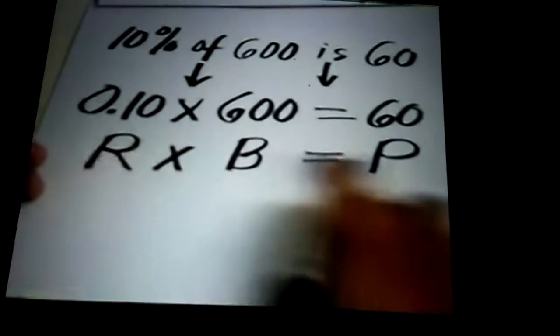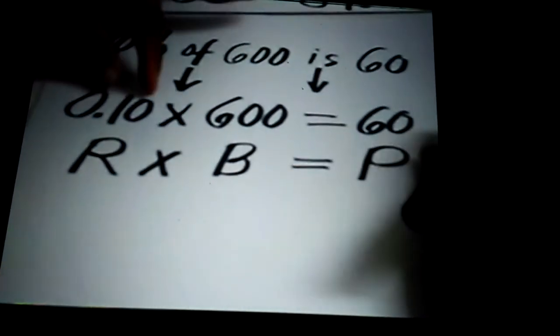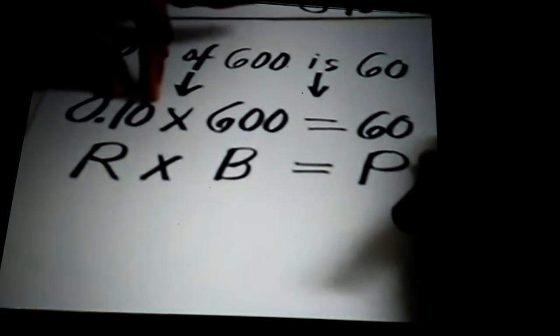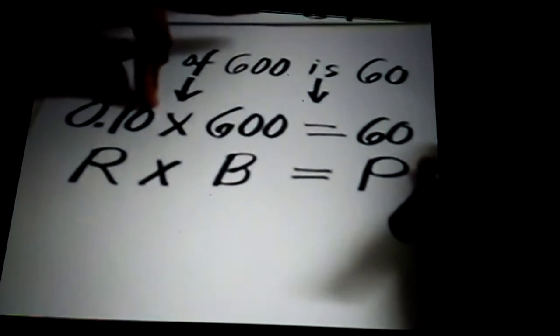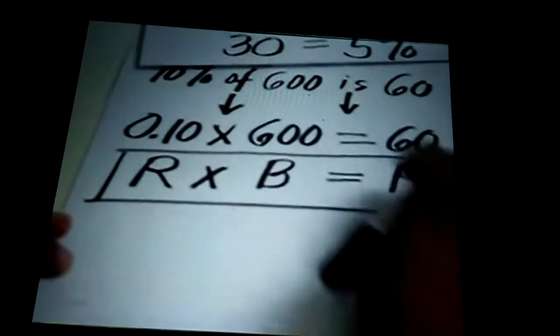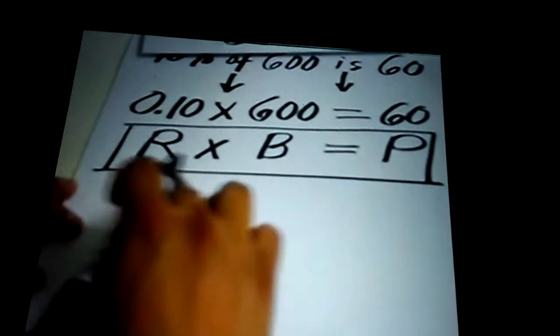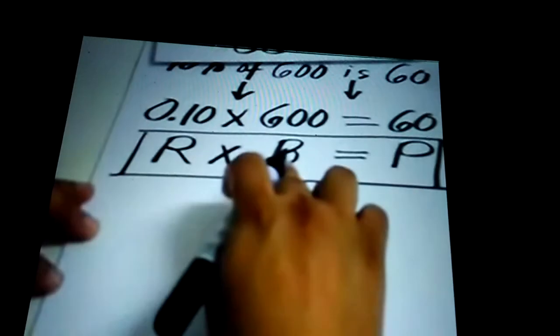Now let's check whether this formula is correct. Isn't it that when we multiply 10/100 or 1/10 by 600, that is equal to 60? Okay, now let us try to derive the formula in finding the base. By manipulation of this equation, we can divide both sides by r to be able to get b.